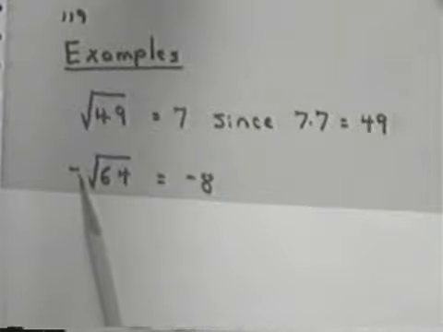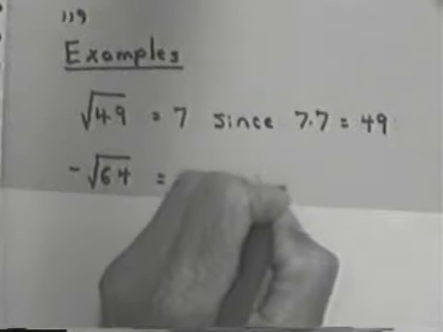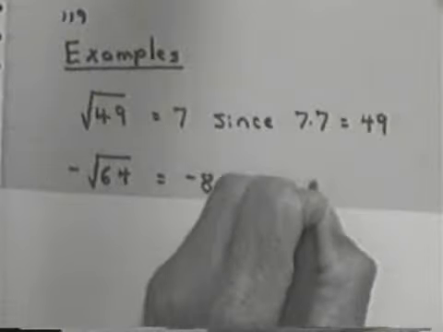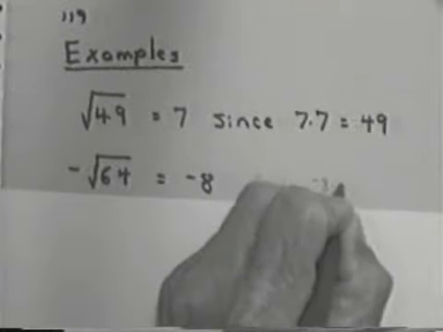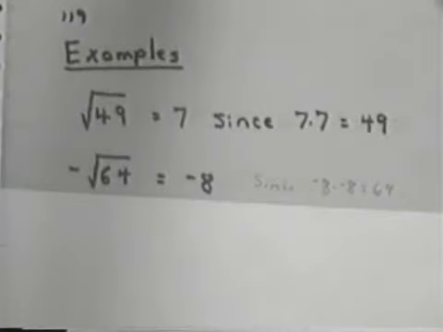This tells me we want the negative root of 64. And the negative root of 64 is negative 8, since negative 8 times negative 8 is 64. So the negative square root of 64 is negative 8.